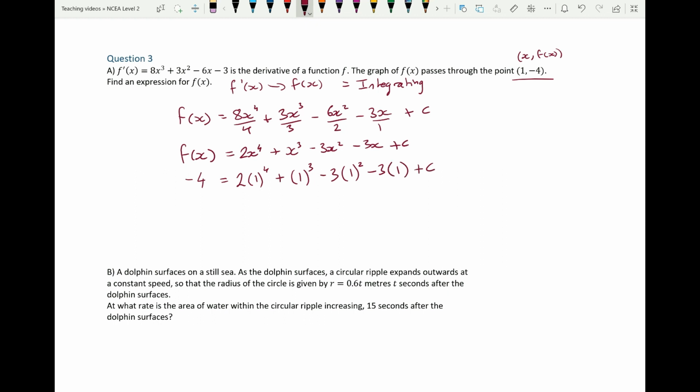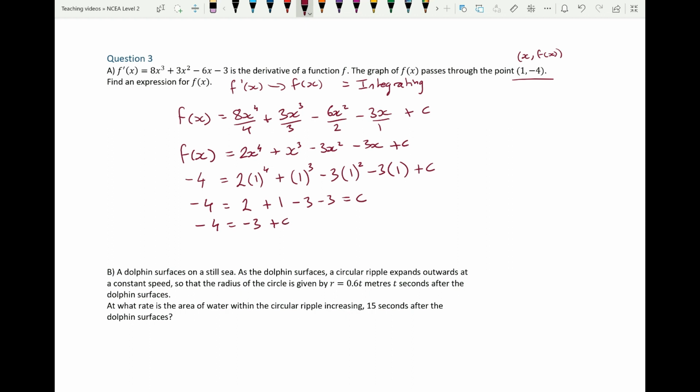Plus c. Okay, so that's going to be 2 plus 1, take away 3 equals c. Of course, you could do this on the calculator. So 2 plus 1 is 3, take away 3 is 0, take away 3 is negative 3, so negative 4 equals negative 3 plus c.